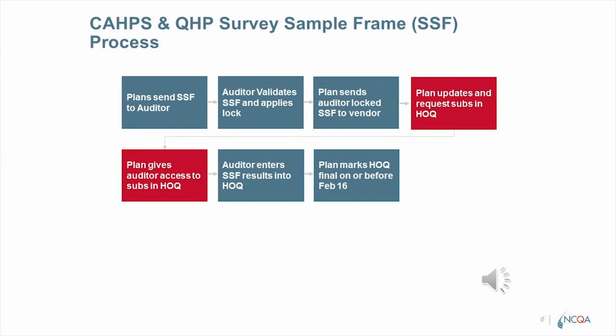Once HOQ is open, the plan then updates and requests the subs in the HOQ, and then they give the auditor access to those subs so that the auditor can then go in and enter their survey sample frame results in HOQ. Once that's done, anytime before or on February the 16th, the plan can go in and mark their HOQ final.